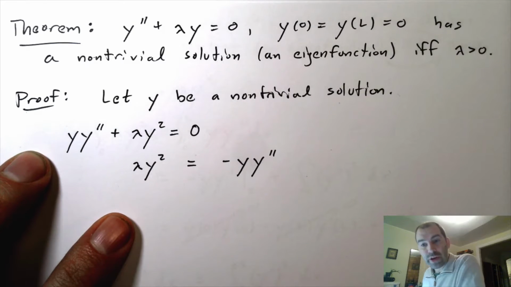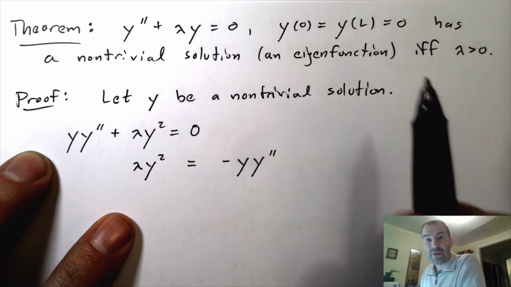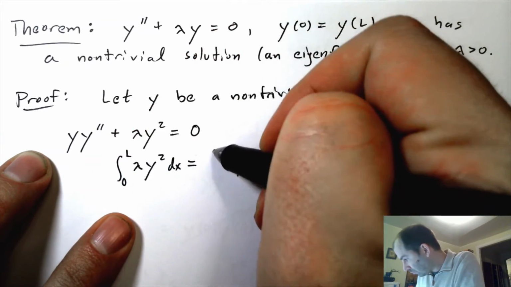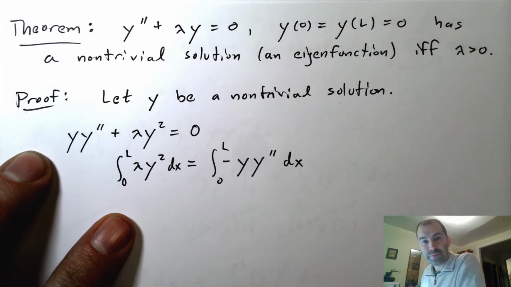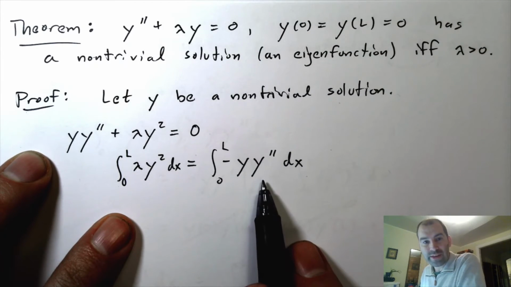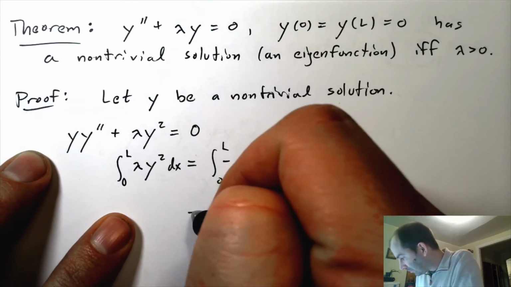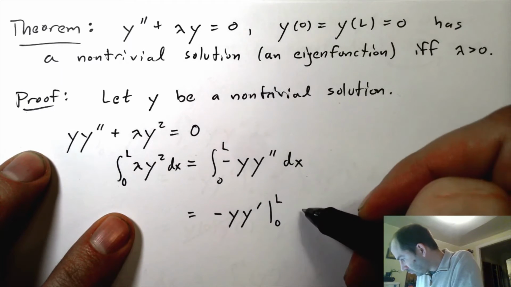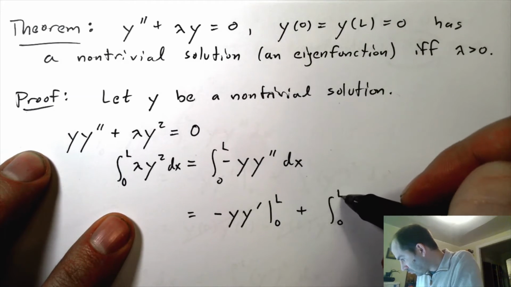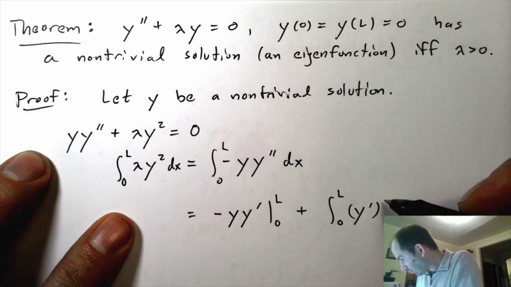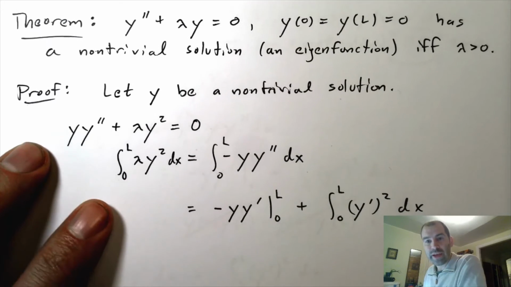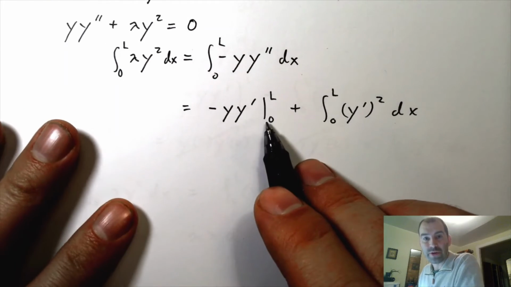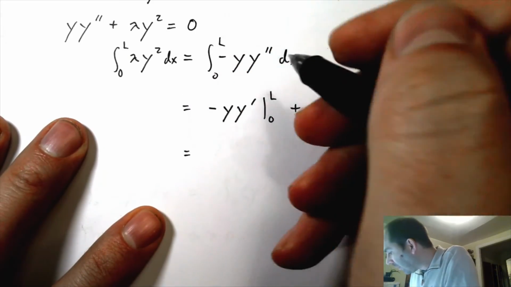Okay, and now what we're going to do is integrate this from 0 to L. And let's see what happens. What can I do on the right-hand side? I can integrate by parts. So I integrate this by parts, and then I need to evaluate everything from 0 to L. Well, let's evaluate this thing from 0 to L.